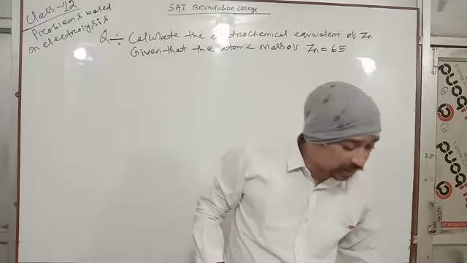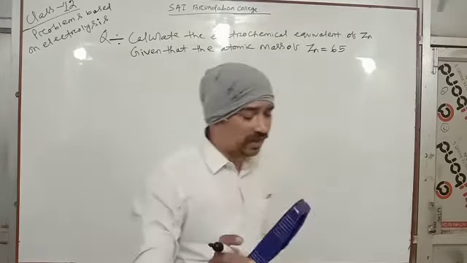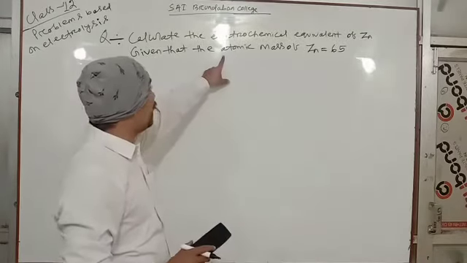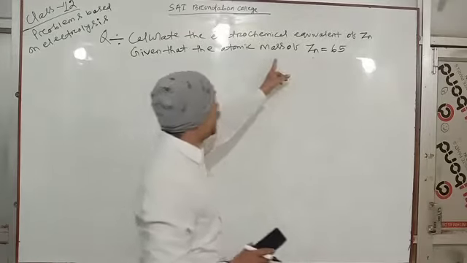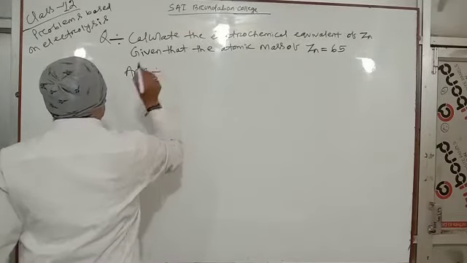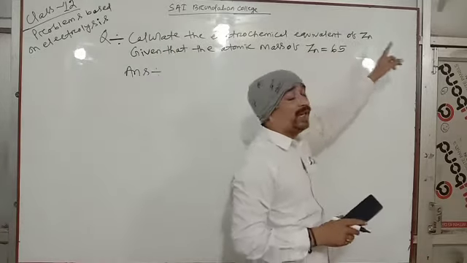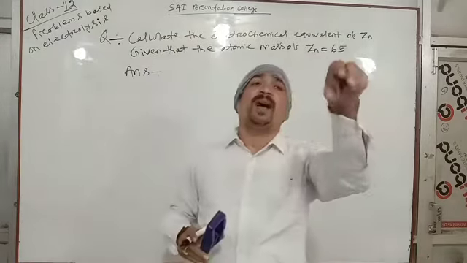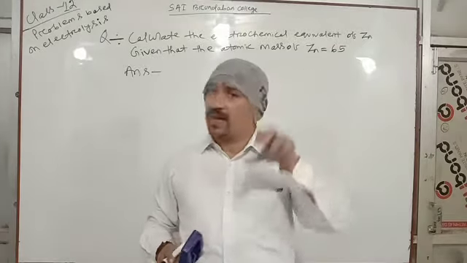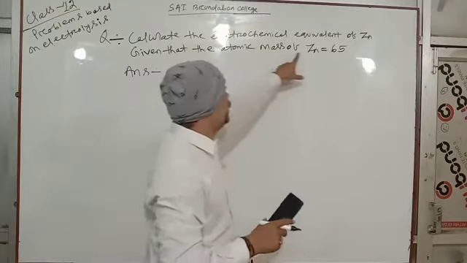So how can you calculate the equivalent mass of zinc? Atomic mass is given. I am writing. We know that the electrochemical equivalent Z equal to E by F. So first, the atomic mass is given.